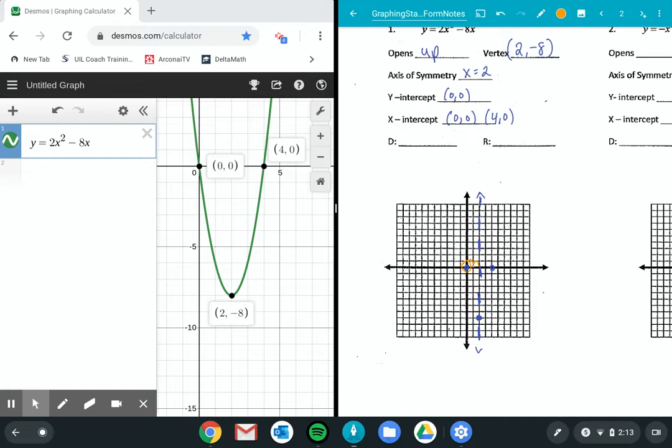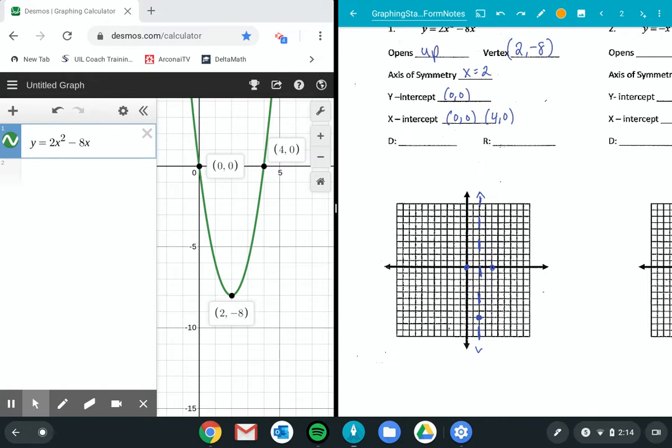So on the flip side of that, I have another point on that same line 2 points away as well. So these guys are symmetric. They're equidistant from that axis of symmetry. Okay? So you should always have 2 points on every horizontal line. If I were to draw a horizontal line, I should see 2 points going through that on the same line. And they should both be the same distance away from that axis of symmetry. Just a nice way to check.